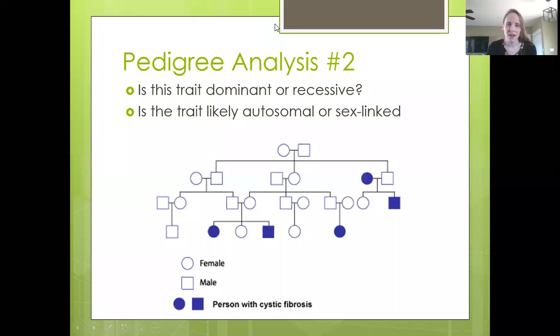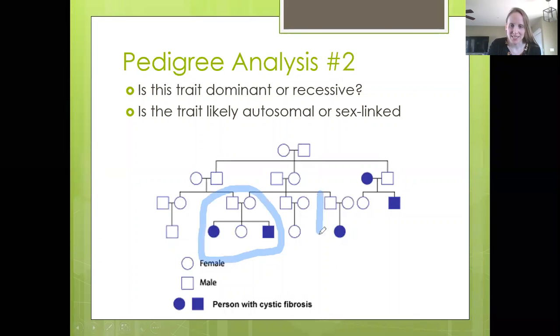Now, these are the things that show us that we have a recessive trait. This section right here, as well as this section right here, and this section right here.